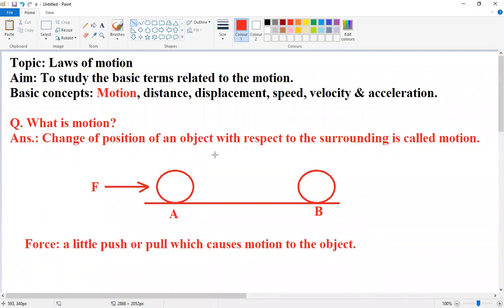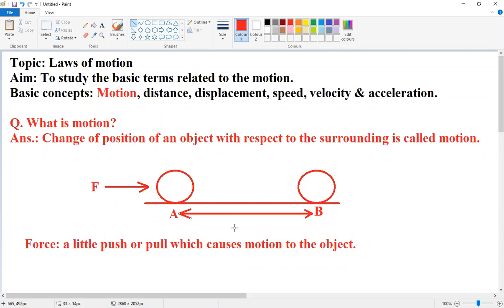So now the next term is distance. How to define distance? As you can see, there is a certain length between point A and point B, right? Are you all getting my point?